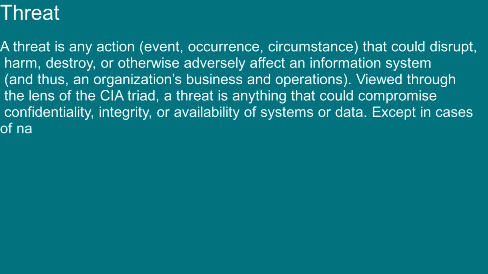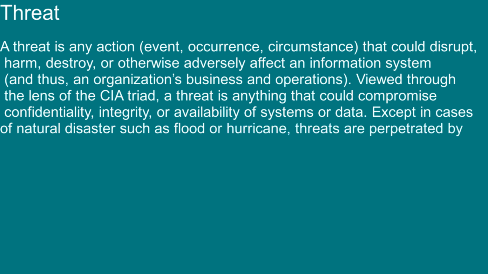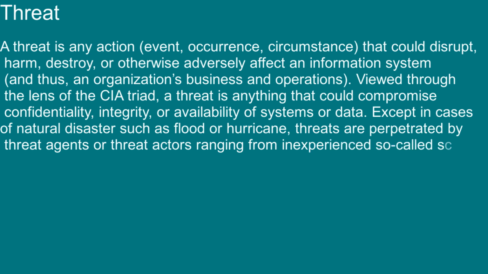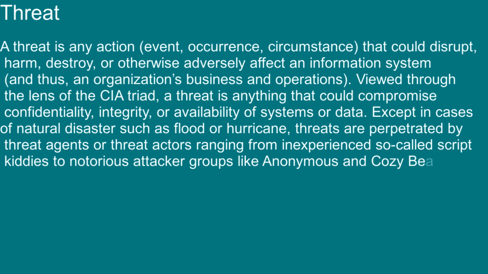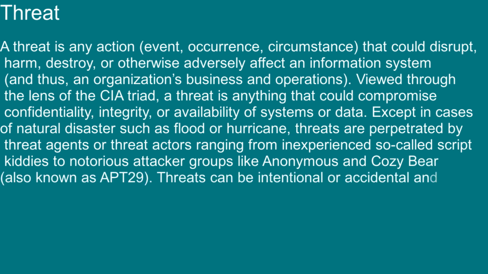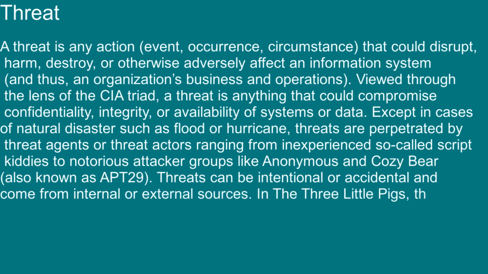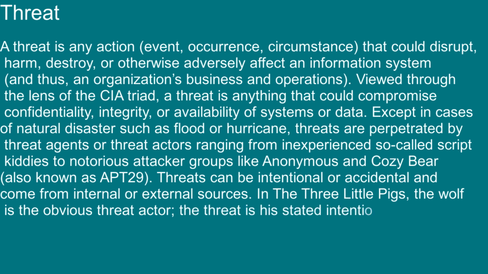Except in cases of natural disaster such as flood or hurricane, threats are perpetrated by threat agents or threat actors ranging from inexperienced, so-called script kiddies to notorious attacker groups like Anonymous and Cozy Bear, also known as APT29. Threats can be intentional or accidental and come from internal or external sources. In The Three Little Pigs, the wolf is the obvious threat actor. The threat is his stated intention to blow down the pigs' houses and eat them.